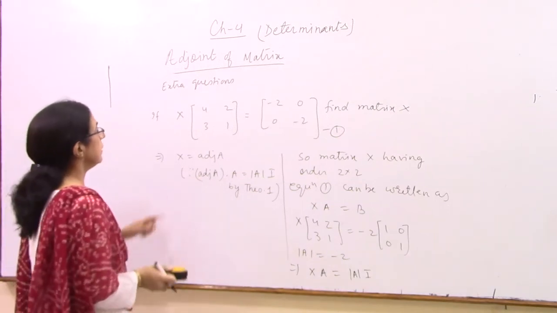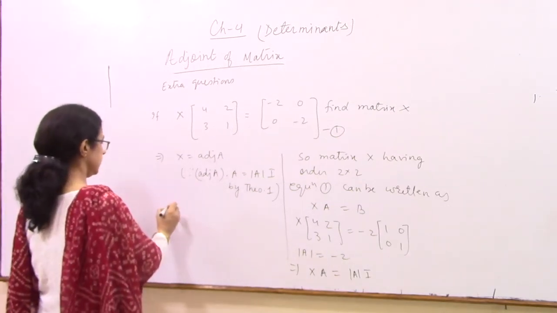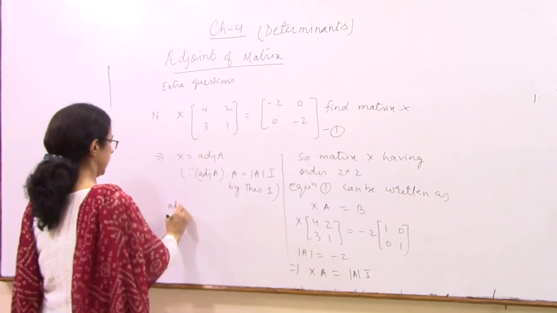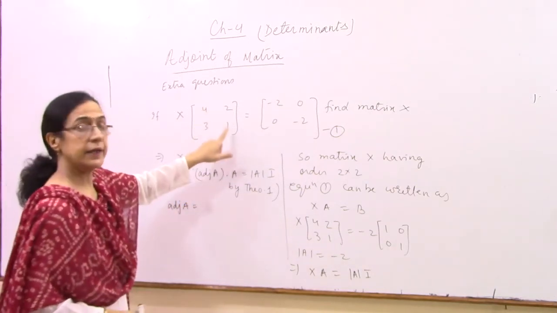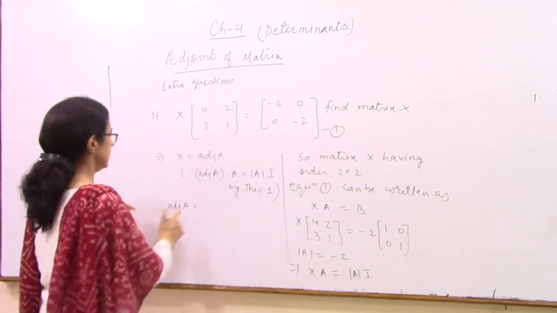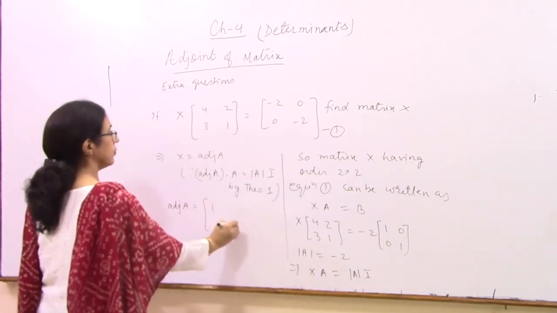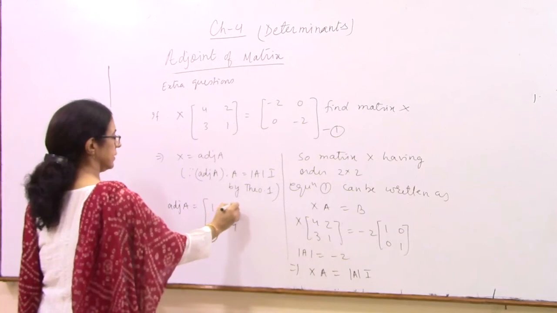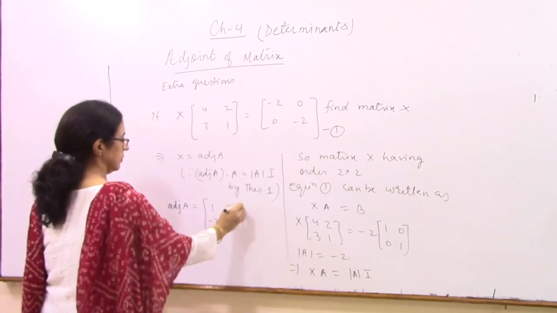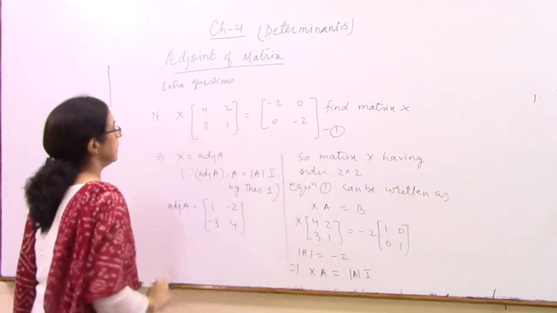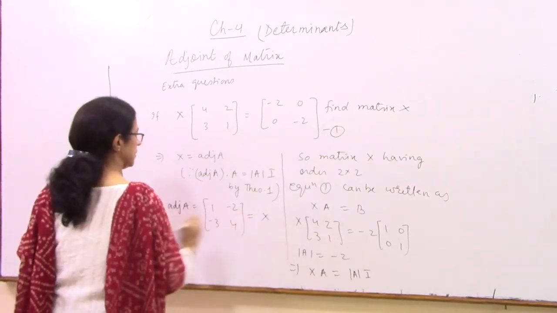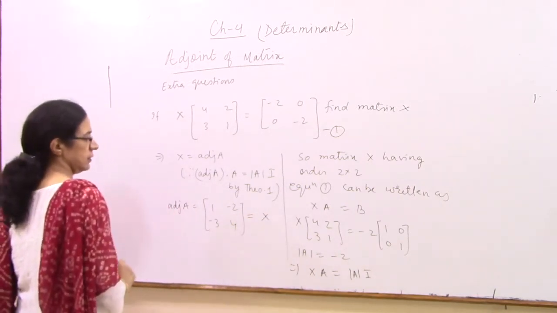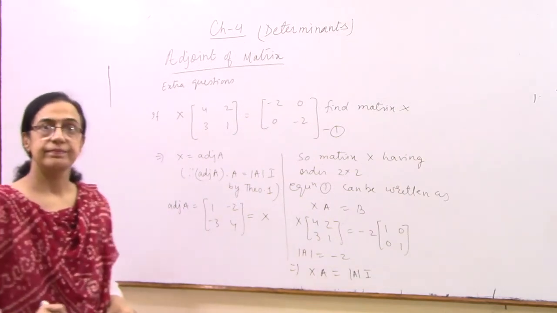So find the adjoint of matrix A. Adjoint of matrix A मैंने आपको स्टार्टिंग में बताया कैसे करना है. Interchanging these two elements, 1 and 4, and putting negative sign on these two elements. So adjoint A equal to this, so this is equal to X. It is the answer. Thank you.